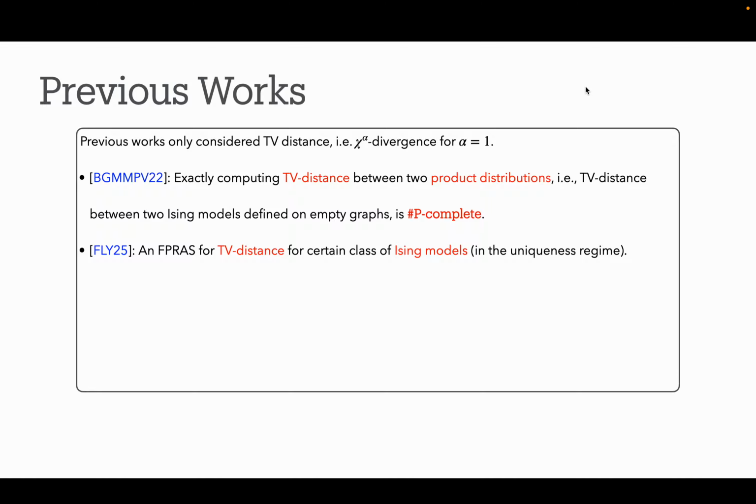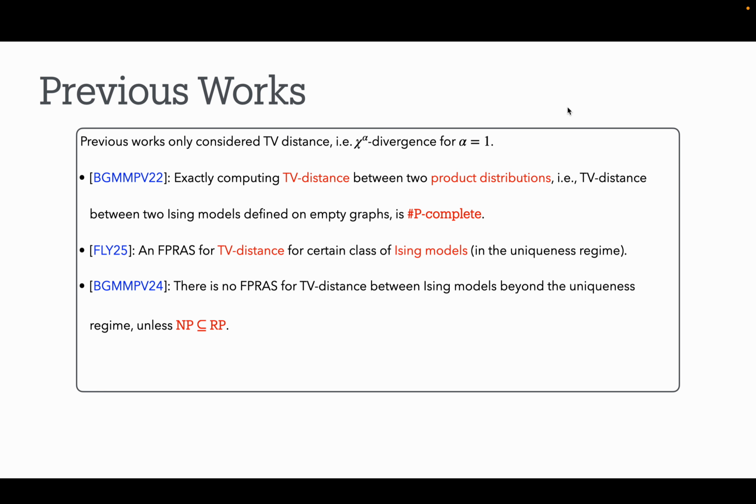In FLY25, they gave an approximation algorithm for TV distance for a certain class of Ising models, which is in the uniqueness regime, which we will introduce later. And in BGMMPV24, they show that there is no approximation algorithm for TV distance between Ising models beyond the uniqueness regime unless NP is in RP.